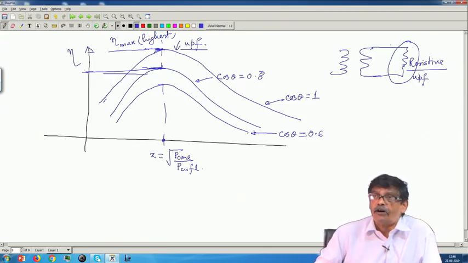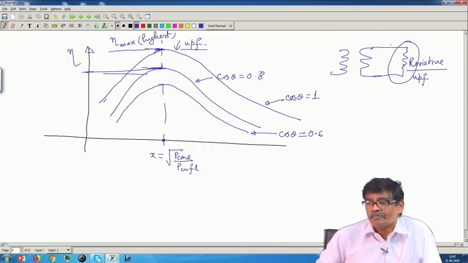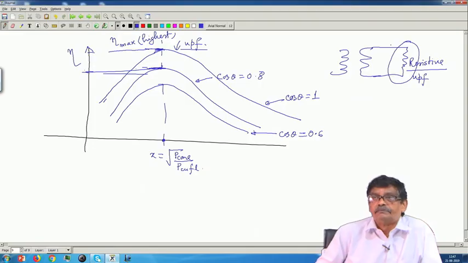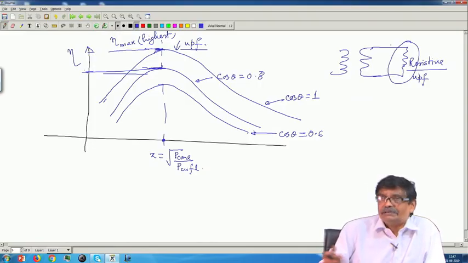And if you are found to draw power for loads below 0.8, say 0.6, you will be charged extra. These are the things which come into play now.